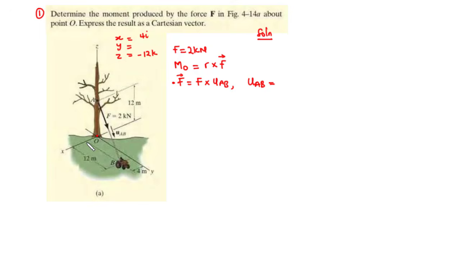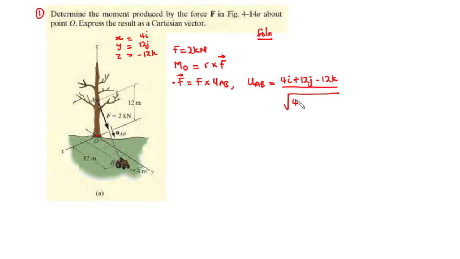And then you need to move away from O along the Y axis, and that is also 12 meters. So you have 12j. Therefore, the unit vector UAB is equal to 4i plus 12j minus 12k, all divided by the square root of the sum of the squares of their coefficients.